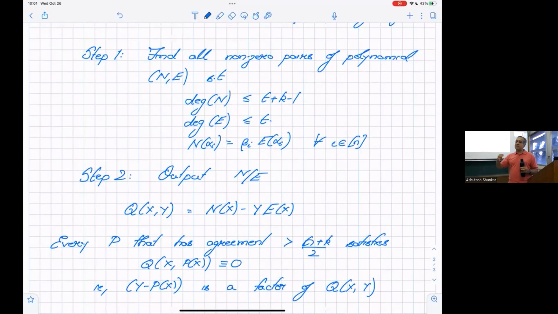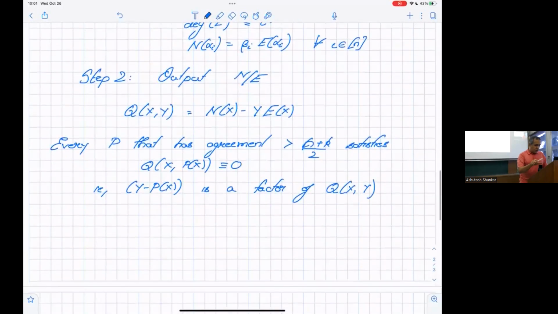The degree was chosen such that the number of monomials was slightly larger than the number of equations, the number of evaluation points n. Therefore, there always exists a non-zero bivariate polynomial that satisfies this. Once we have the bivariate polynomial, we extracted the polynomial p of x by stating that y minus p of x is a factor of it. That's going to be our broad approach, and now the extension.